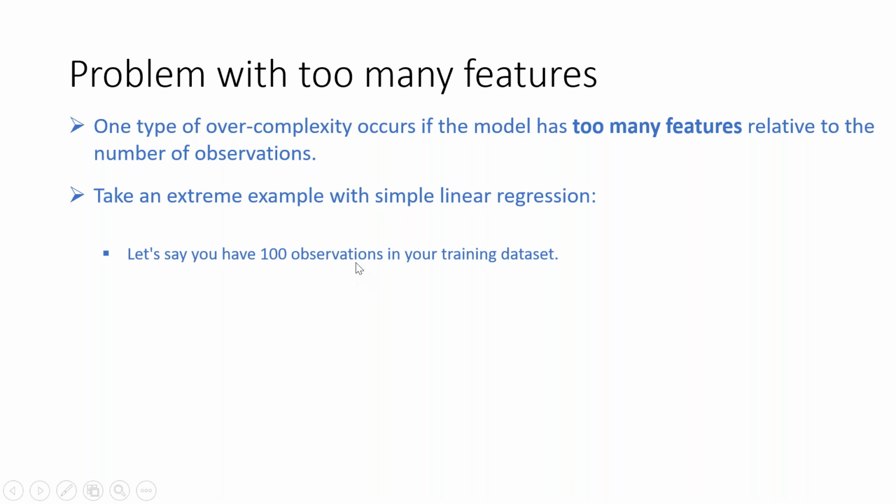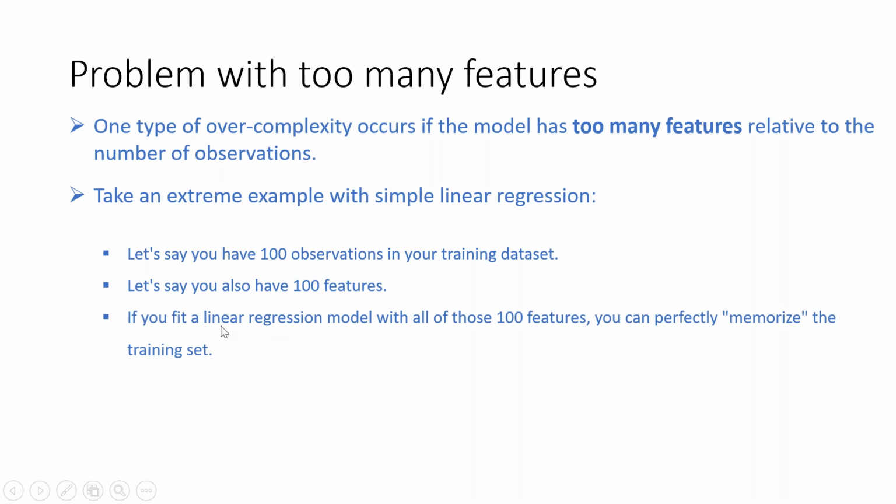Let's say you have 100 observations in your training data set, 100 rows, and 100 features. If you fit a linear regression model with all of those 100 features, you can perfectly memorize the training set, because it calculates a coefficient for every feature. Each coefficient would simply memorize one observation.